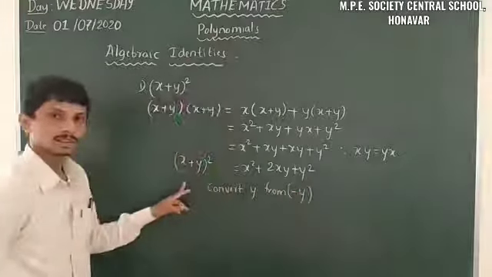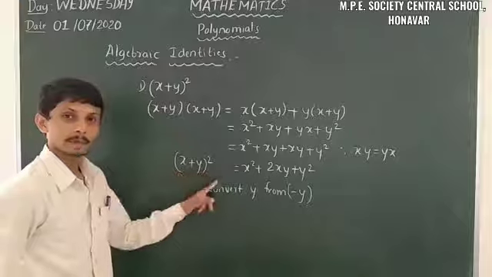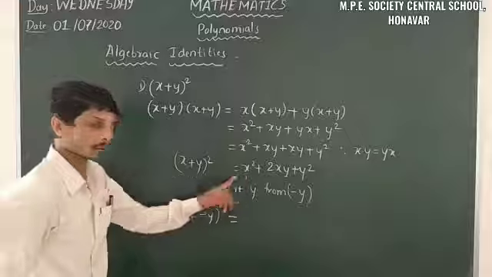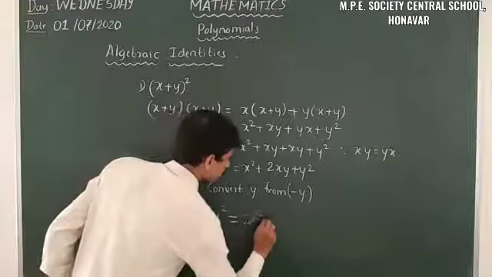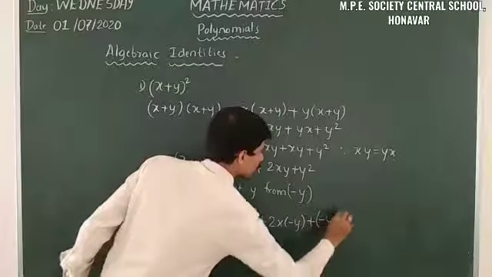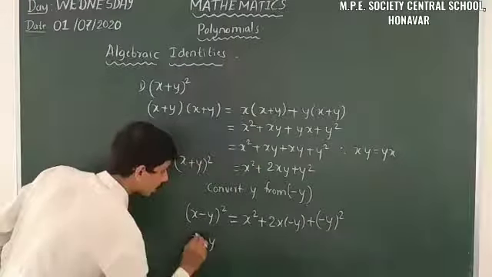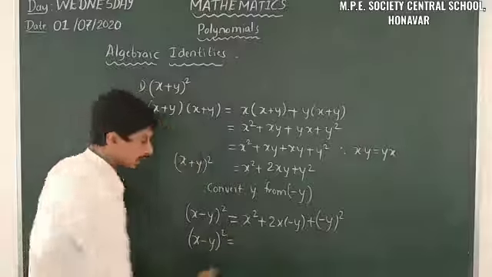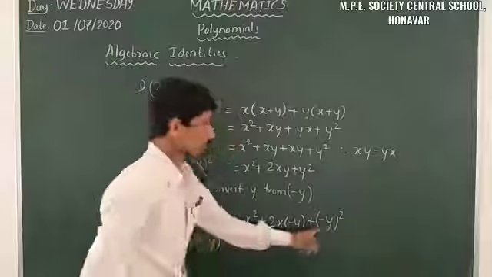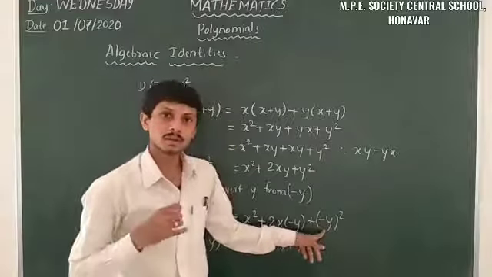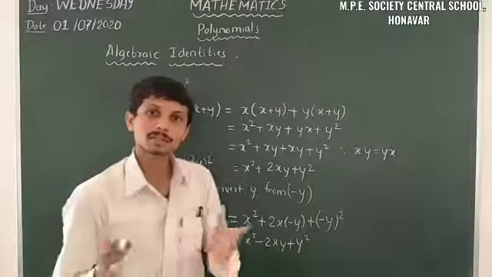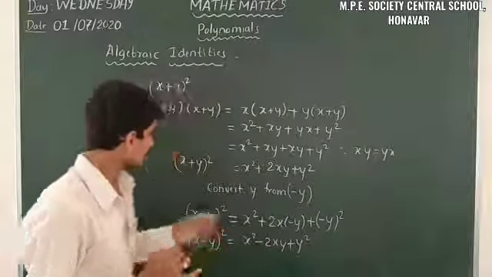Here we get x plus of minus y. So I will write x minus y whole square is equal to x square, which remains the same, plus 2x into minus y, plus minus y whole square. That means x minus y whole square is equal to x square minus 2xy plus y square, because minus y whole square is again y square. Minus 1 whole square is equal to 1. The square of a negative term is always positive. We already know that.